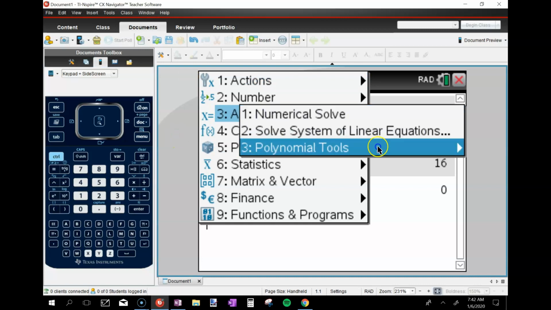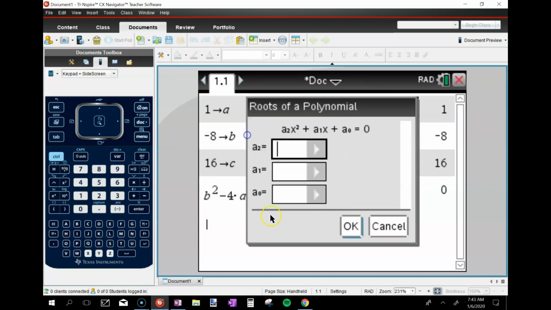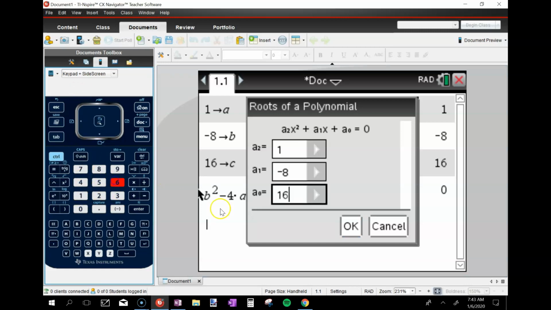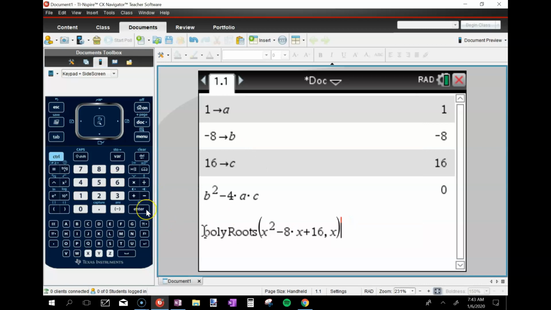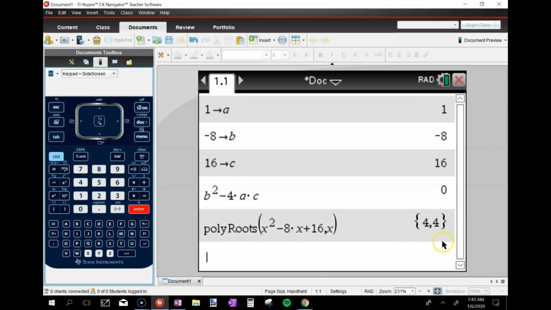So when I go to polyroots, real roots, 1, -8, 16. That's weird. 4, 4. Guys, if I said, what's 3 plus 2?